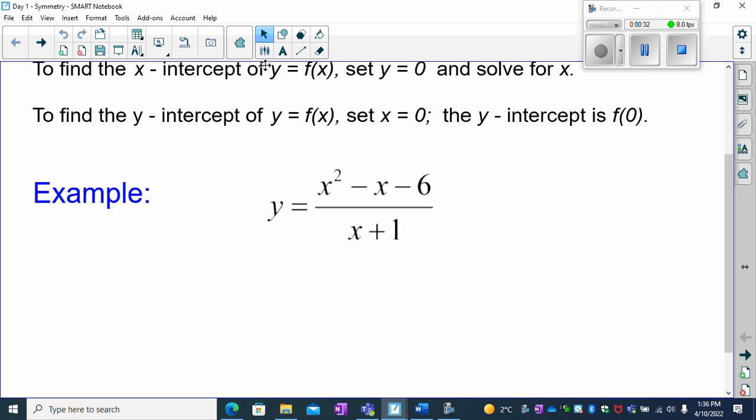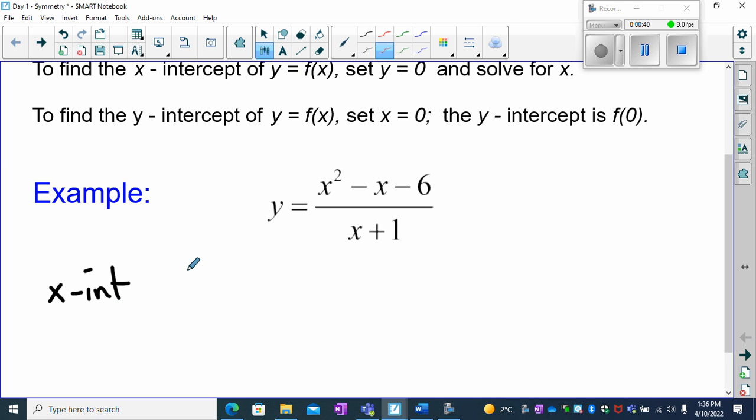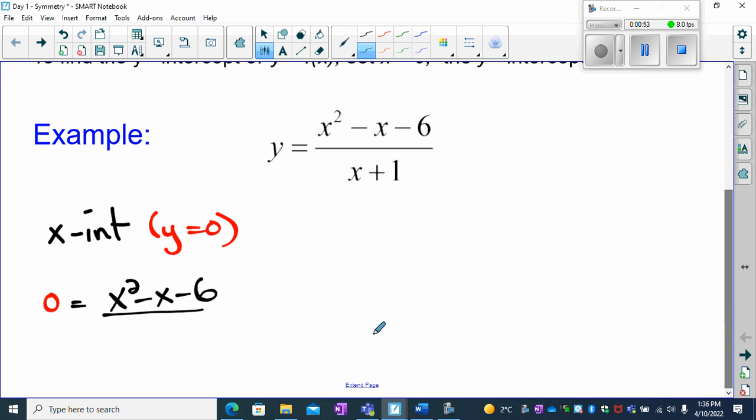So for starters, if I want to find the x-intercept of this function, I'm going to let y equal 0. So I'm going to take my equation, x squared minus x minus 6 divided by x plus 1, and I'm going to replace the y with a 0.